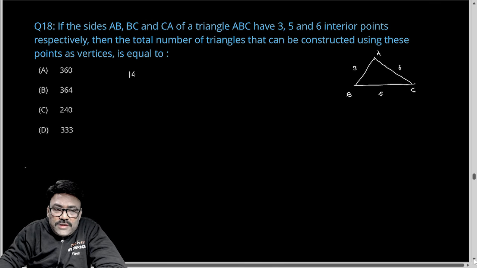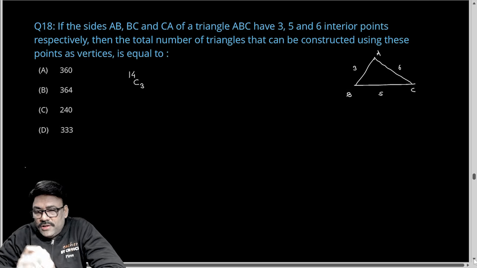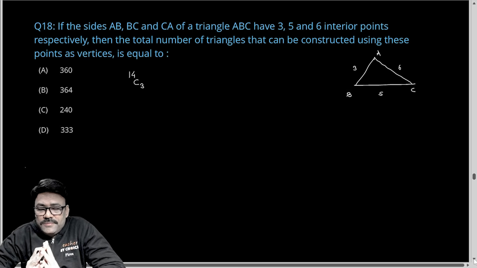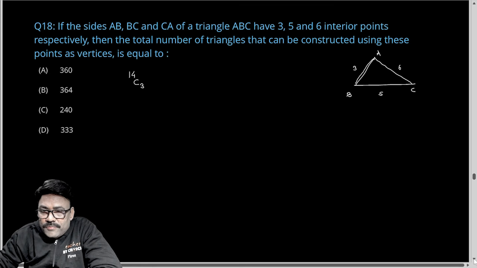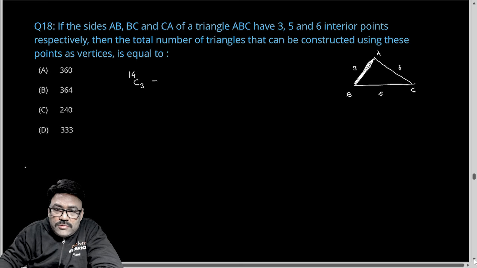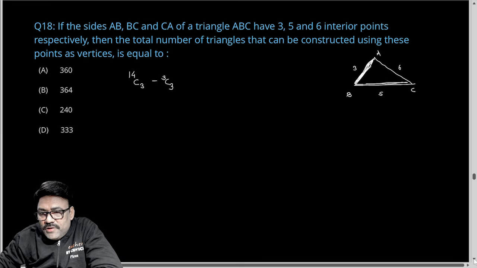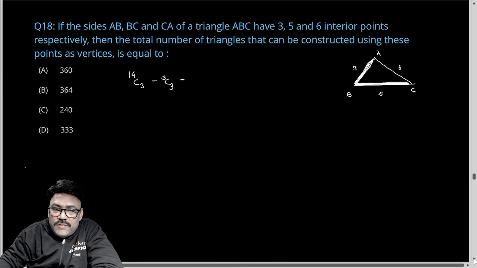The total number of triangles will be 14C3 if all these points are non-collinear. But actually, these 3 points are collinear, and if I choose 3 points from this line, you will not get a triangle. So 3C3 will be subtracted. Similarly, if I choose any 3 points from these 5 points, I will not get a triangle.